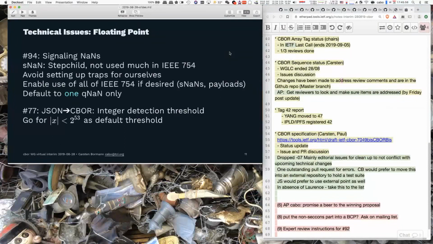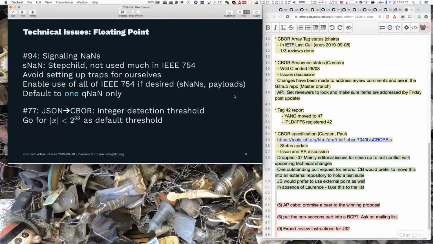And I think that's confounded a little bit by the fact that signaling NaNs are a great idea of IEEE 754 that unfortunately never was used very much. So most people who do something with floating point numbers have never seen a signaling NaN, and probably also don't really need to interchange that.